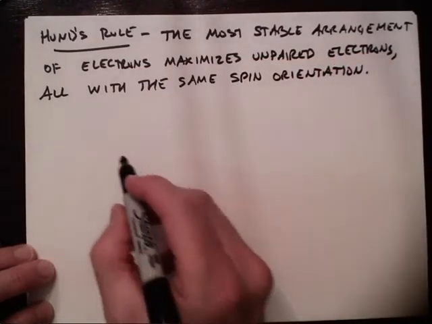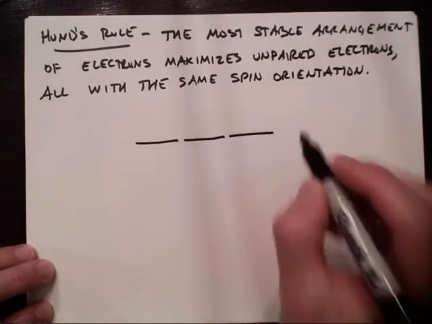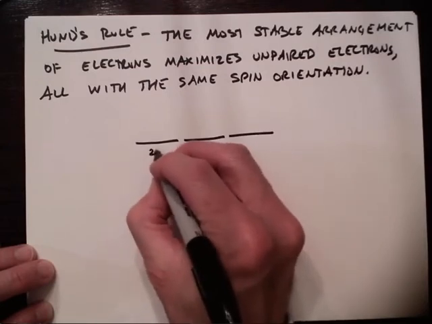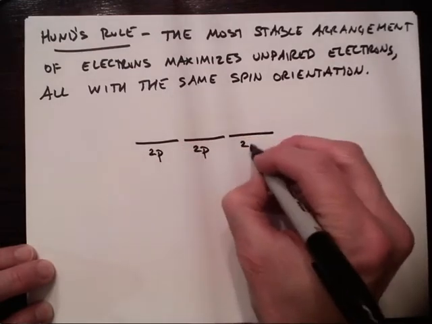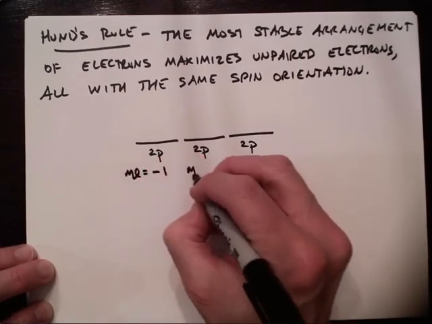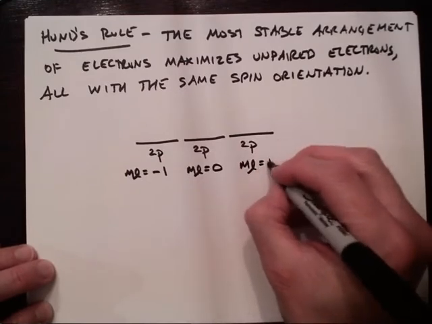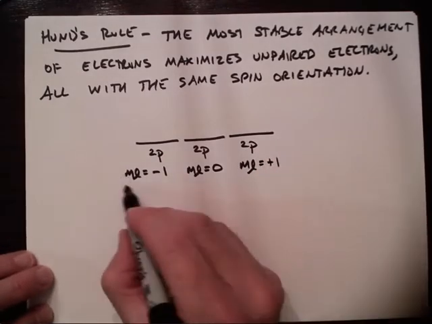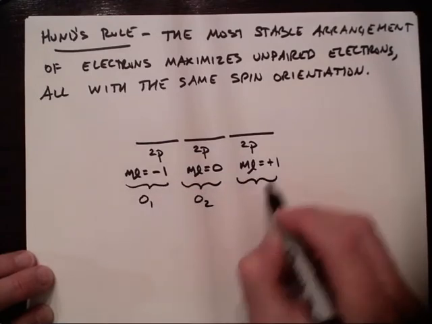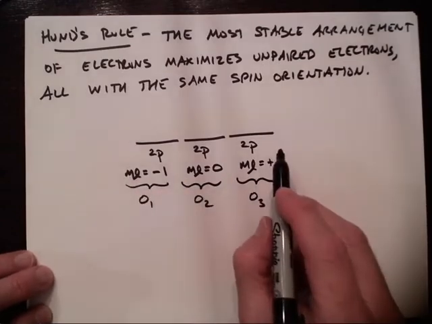Well, let's imagine we're going to start filling some electrons into a 2p subshell. So in a 2p subshell, this orbital would be a 2p, this orbital would be a 2p, this would be a 2p, and this would have an m sub L value of negative 1, this would have an m sub L value of 0, this would have an m sub L value of plus 1. So if we just look at this as orbital 1, orbital 2, orbital 3, they all have the same energy because they're all 2p electrons.